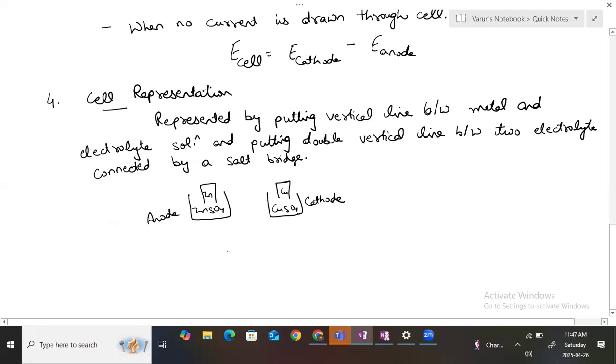So what is happening in the anode? Zn is getting converted into Zn2 positive. So we will write Zn, vertical line. The physical state of Zn is solid, so we will write solid over it. Vertical line, Zn2 positive, which is aqueous.